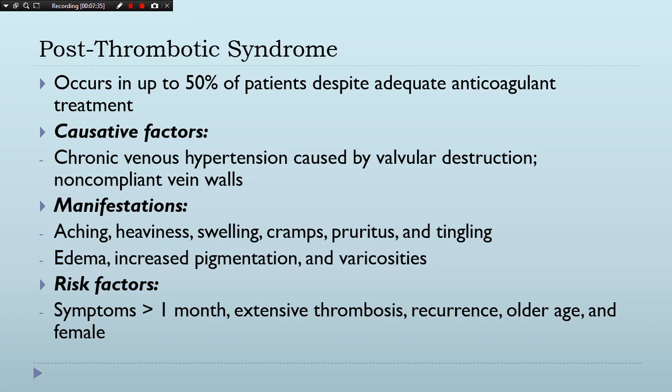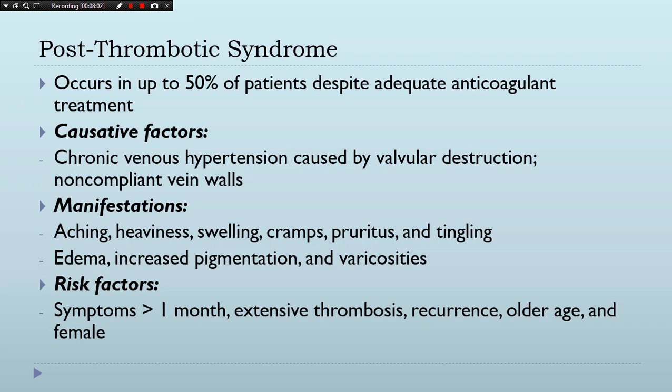Some causative factors: there's going to be chronic venous hypertension or pooling in the venous circulation, and it's going to be caused by destruction of the valves and non-compliant vein walls. And that's going to be caused by the seriousness and the severity of the blood clot that we had. Okay, so this is a complication of a blood clot.